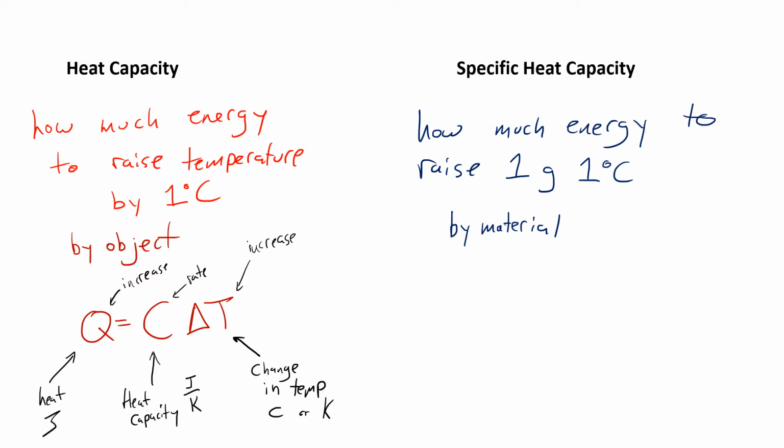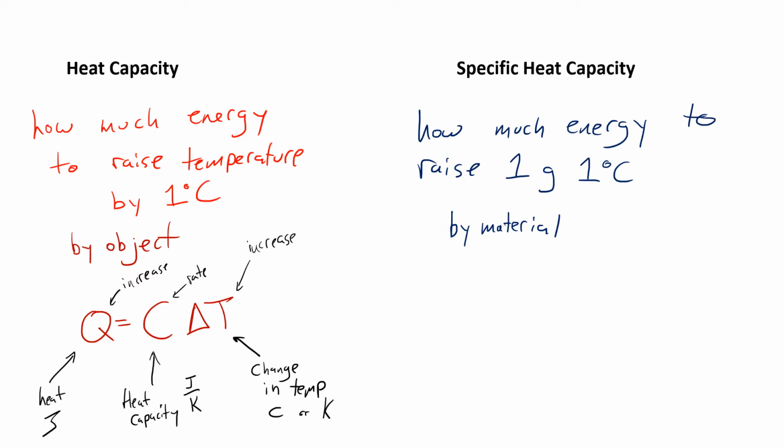If I get this block of wood 10 degrees warmer, it'll have maybe 100 more joules. But if I have this block of metal 10 degrees warmer, it will get less than 100 joules of extra heat. All right? So it's for a whole object.